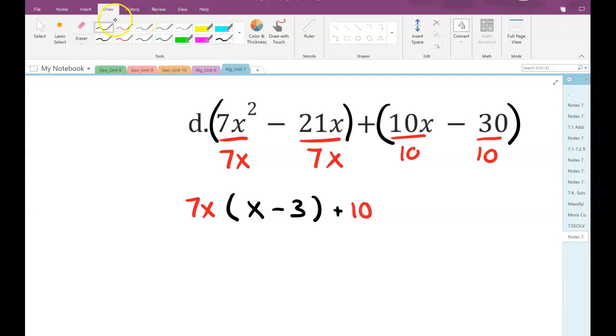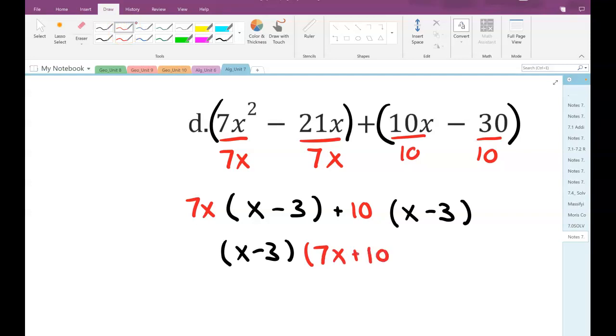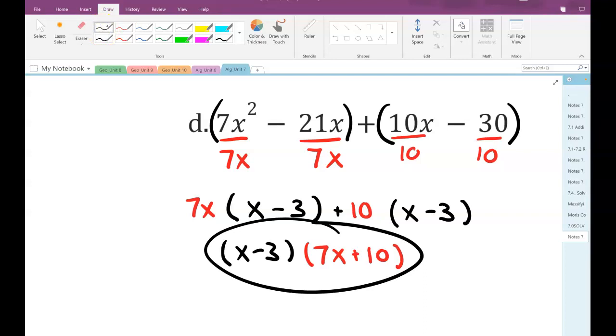And then when we factor, this would be x minus 3. So there we go. Our final factored answer is x minus 3, 7x plus 10. That's what we would call factor by grouping.